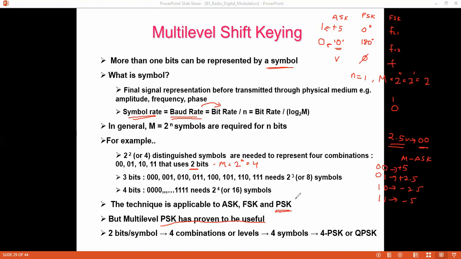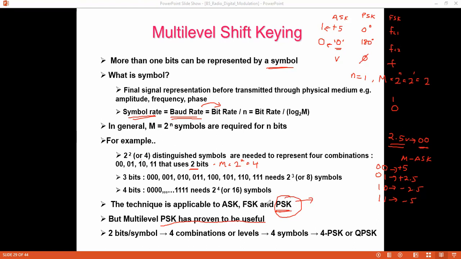When we use multi-level, more symbols are required, so the system will be more complex, and the requirements for noise also become more stringent. That's why PSK has been proven to be more useful or practical in this case.